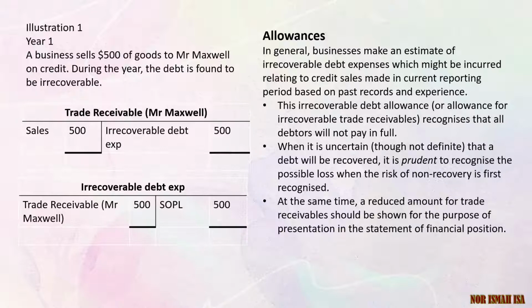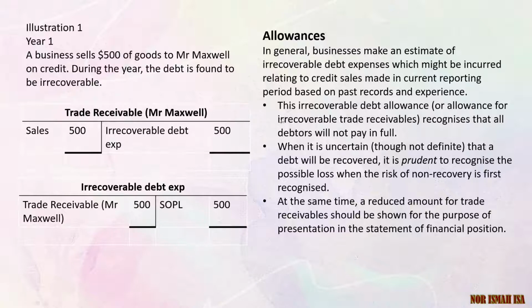According to the prudence concept, the business needs to make this allowance for receivable because the business needs to report assets in the statement of financial position, not overstate the amount. So by doing the allowance for receivable, the amount of the receivable that they are able to collect is not the whole debt.